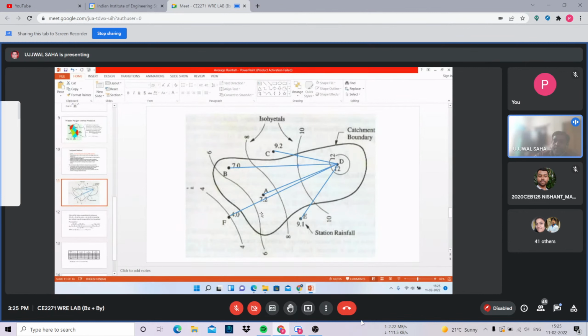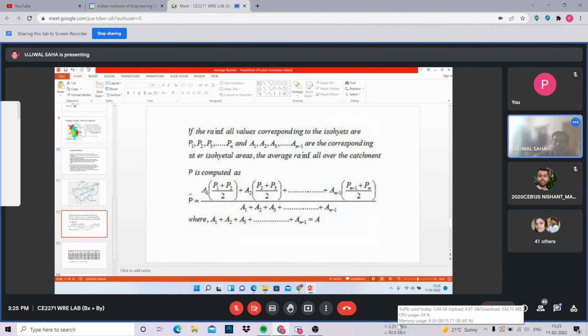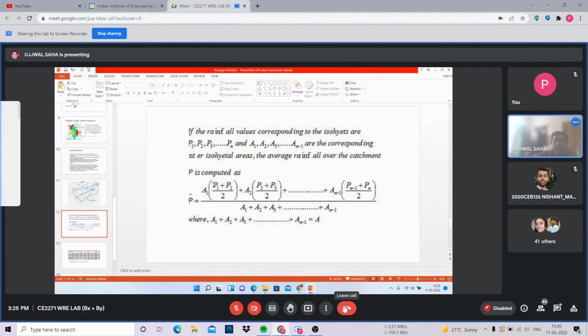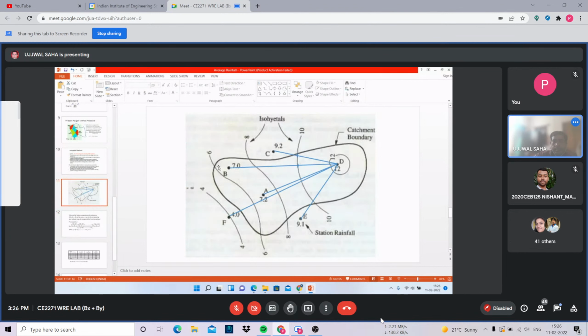Then I take the average of these two isohyets as the average rainfall within this area. So in the isohyetal method, we have to draw the isohyets at first. Then we have to measure the area between two isohyets. Then average rainfall is area into average of the two isohyets. Because this is 6 and this is 8, the average is (6 plus 8) by 2, 7. That is (P1 plus P2) by 2 into the area between these two.